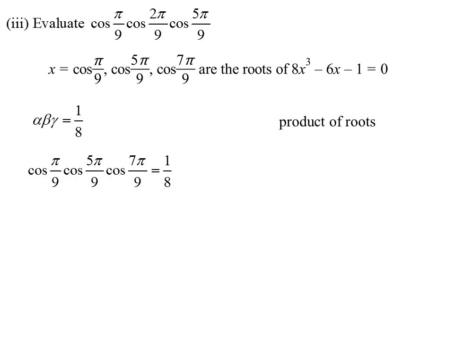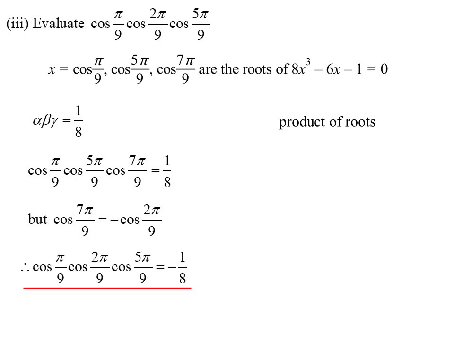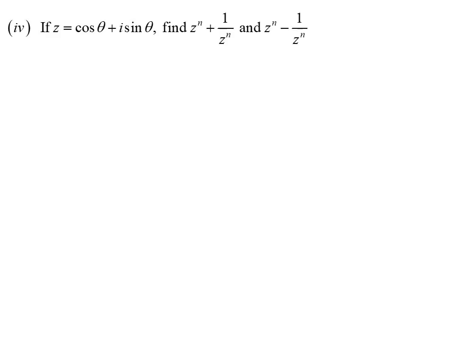So I can change that cos 7 pi on 9 into negative cos 2 pi on 9. And I got my answer. So therefore, cos pi on 9, cos 2 pi on 9, cos 5 pi on 9 must be negative 1/8. We're going to create a really nice result, which you can quote, by the way, unless, of course, in the question they've asked you to prove it or show it or something like that.